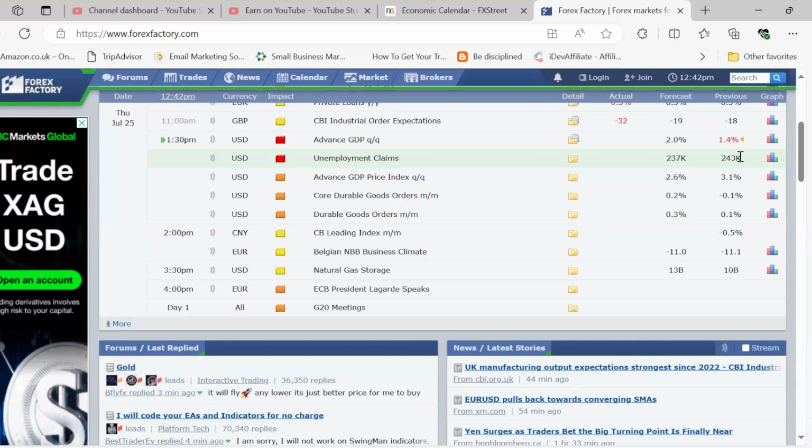So now, what are you looking for if you want to trade the numbers? What you'll be looking for is the number that will be released here, this blank space, by 1:30. If the number is lower than the forecast of 237K, then it is positive for the US dollar, meaning that fewer people have filed for claims, because when claims are filed, the government loses money.